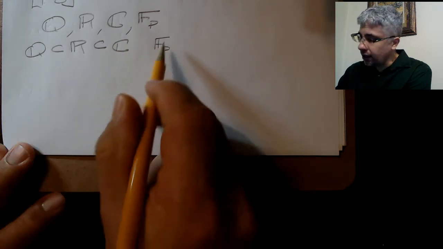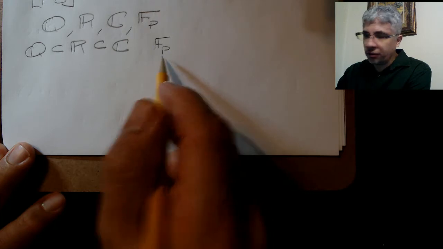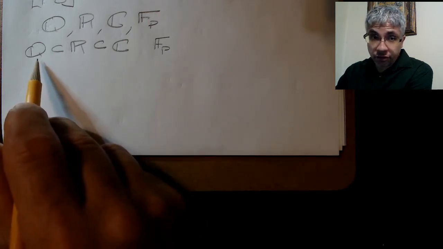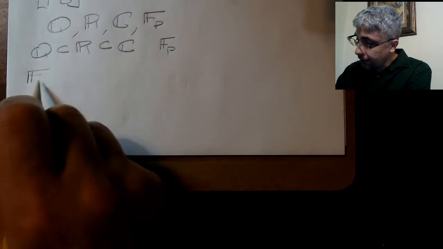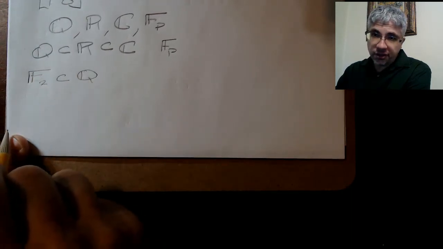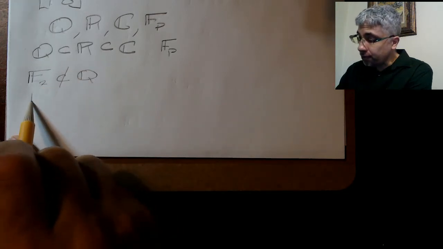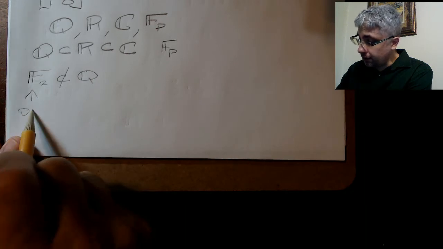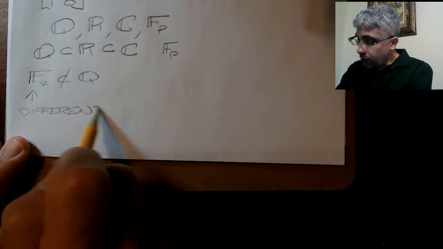So you might say, oh, well, the field of, say, two elements. Well, if we have zero and one, well, 0 and 1 are in the rationals. But we can't get confused and start thinking like that, because it is not the case. The multiplication here is different. So it's not a structure.